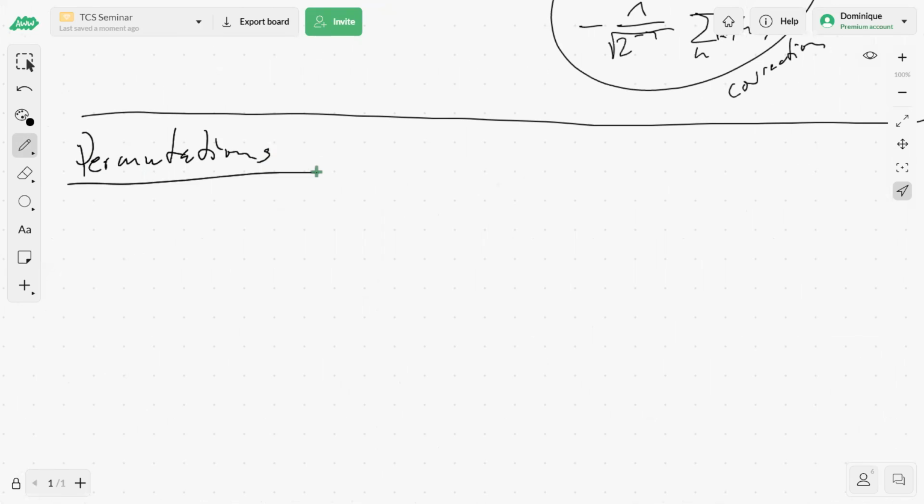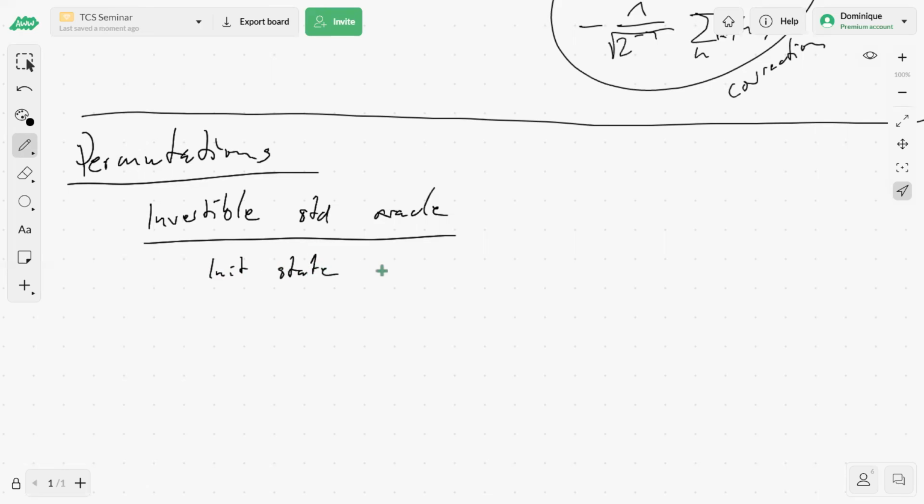So first, let's rethink the idea of the standard oracle, because we want to do everything the same as before, only for permutations. Before, in the standard oracle, we had the initial state of the oracle, and we said it's the superposition of all functions h.